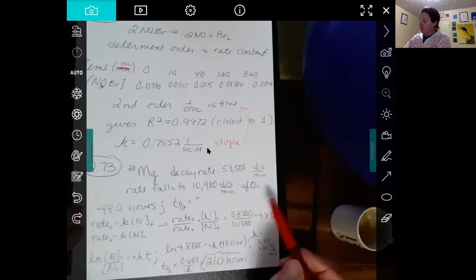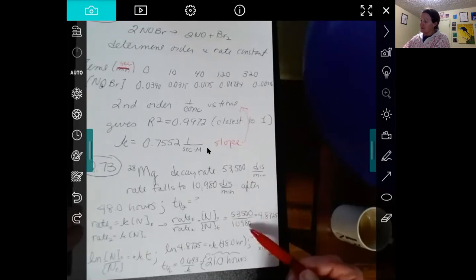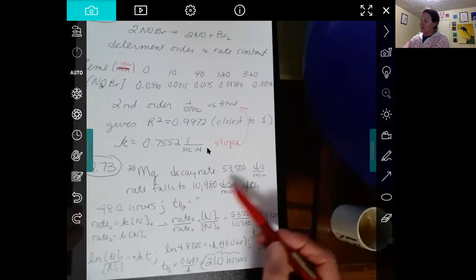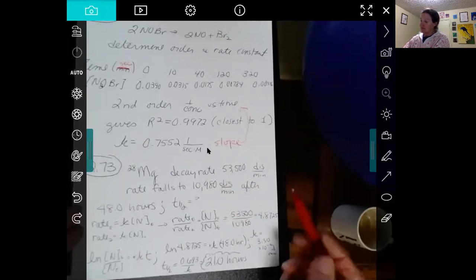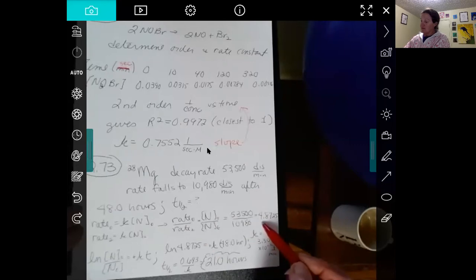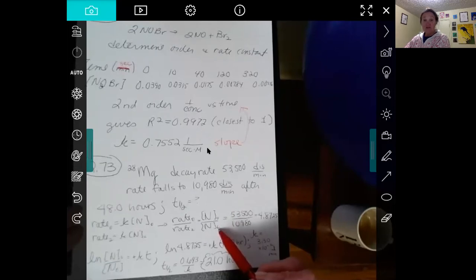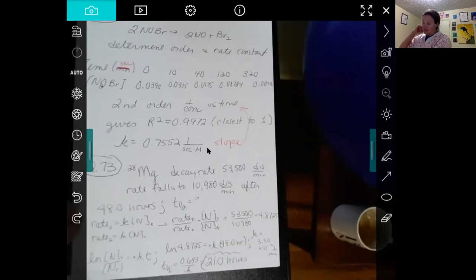If I put in the 2 rates, 53,500 and 10,980, the ratio of the rates is 4.8725. That has 5 sig figs. And that's also equal to the ratio of the number of nuclei present in each of those experiments.